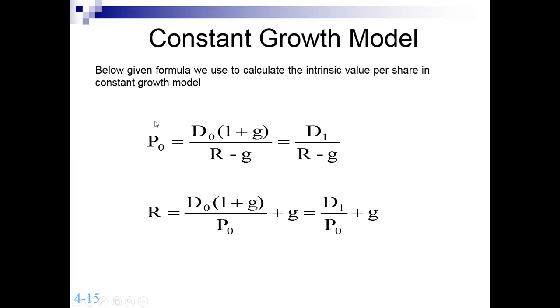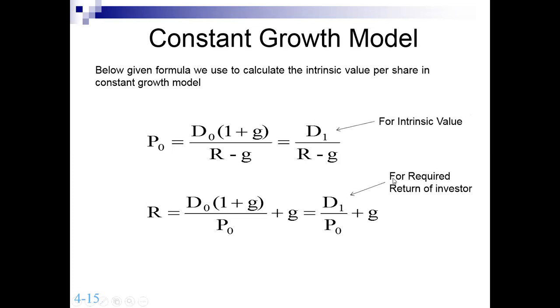You can use this formula, or you can rearrange it to calculate a rate of return. But whatever formula you use, if you have a basic mathematical understanding, you can attempt your question in a comfortable way.